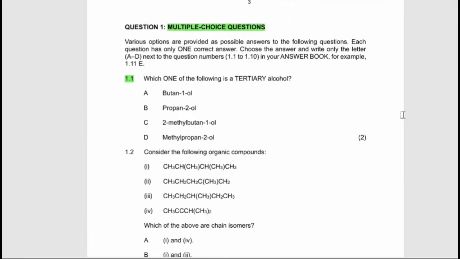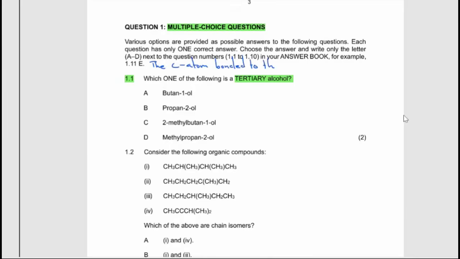So it reads here, which one of the following is a tertiary alcohol? For us to be able to answer this one, we need to start by defining a tertiary alcohol. We're going to define it as the C atom bonded to the hydroxyl group.